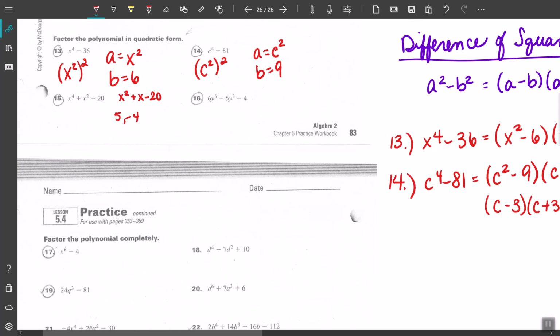So now what we're going to do is write out our binomials. Okay, and over here, if it were just an x squared, this would have been really easy. You would just write x plus 5 and x minus 4. The reason you wrote x at the beginning of each binomial was because this is an x squared and you were splitting those x's up.